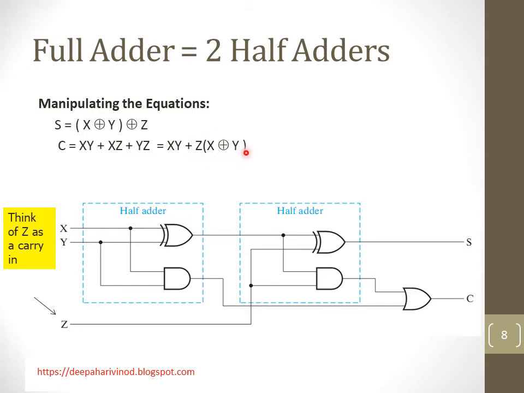By seeing this equation, the output we get is z ANDed with x XOR y. Now it should be ORed with xy. So xy we have here, and this output and that should be ORed. So I'll get my Cout of the full adder. In this way we can represent a full adder using two half adder circuits.